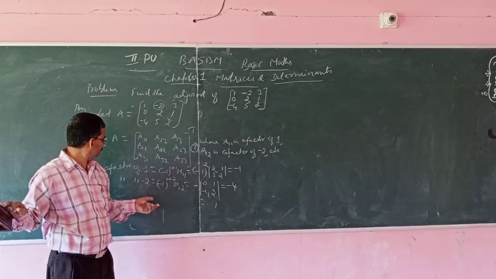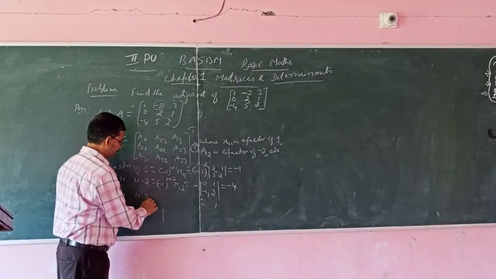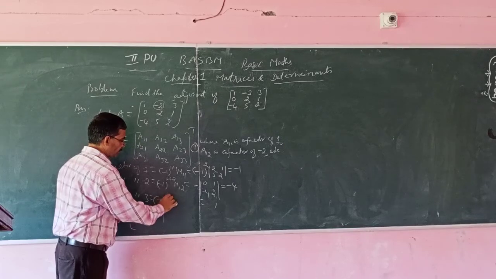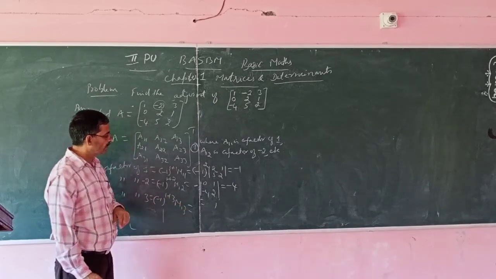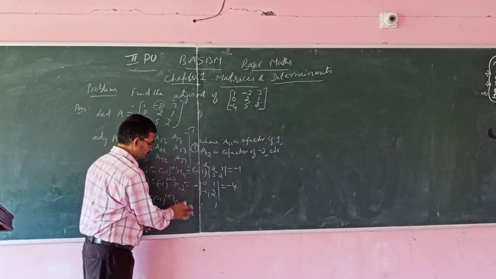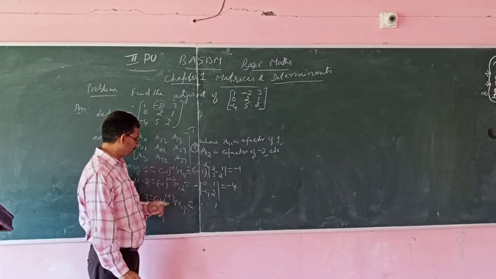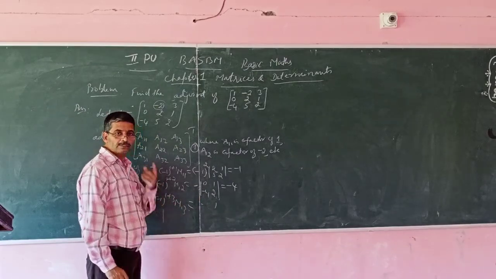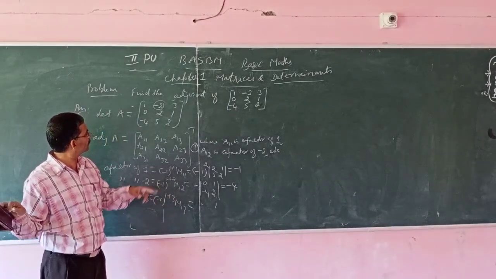Next, cofactor of 3. Minus 1 to the power 1 plus 3 times M13. Minus 1 to the power 4 is plus sign, so plus M13. What is M13?